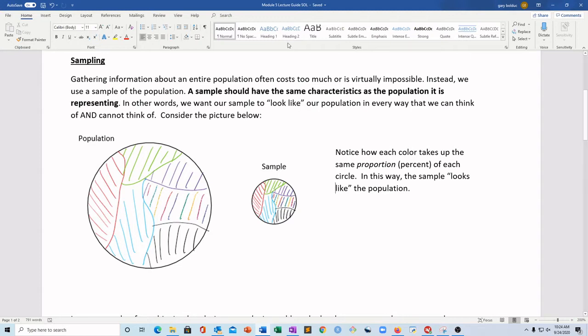Here's my big population, a big group of people. I have some variable. Let's make it categorical so the picture makes more sense. I'm interested in asking each person in here about that variable. For that categorical variable, we've got options: green, red, blue, black, purple, and this fun mix of colors.